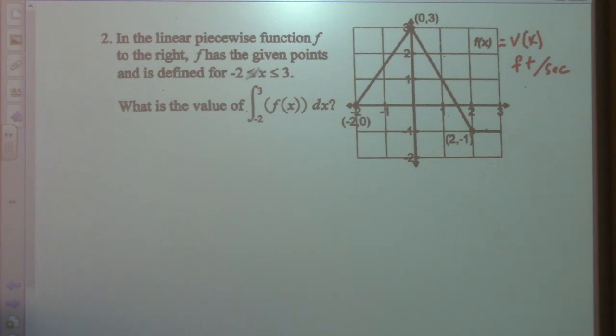So what do we get for our answer to this? Well, the answer is this area. And what do we do with this area down here?